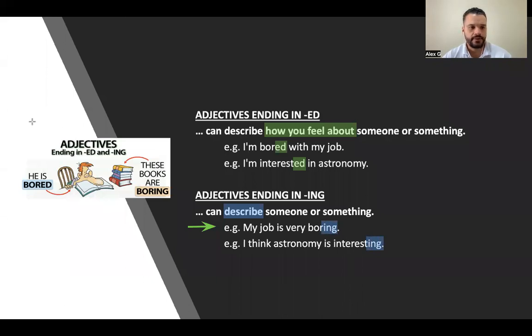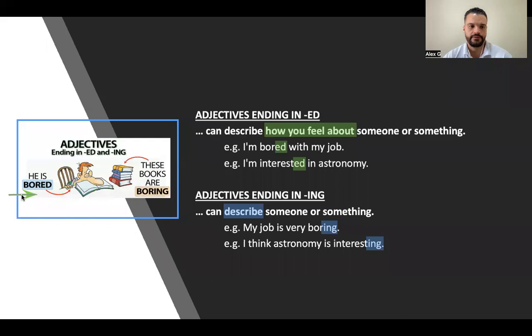This picture that we have on the left is actually a great example where you can see the man has an opinion or a feeling about his state. He is bored. It's his feeling, so we're going to use ed. On the other hand, we have a stack of books, and these books we are going to describe with ing because they are boring, right?